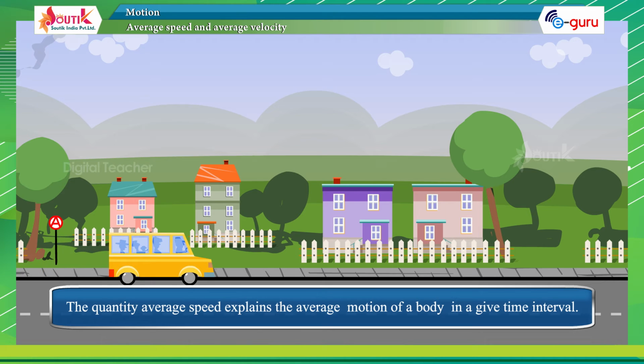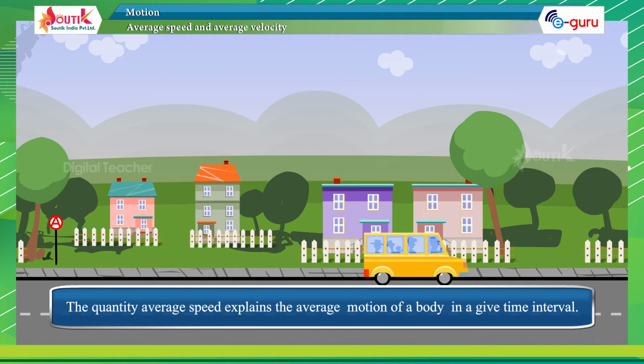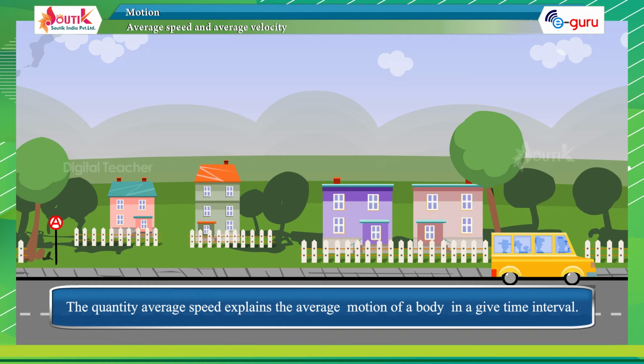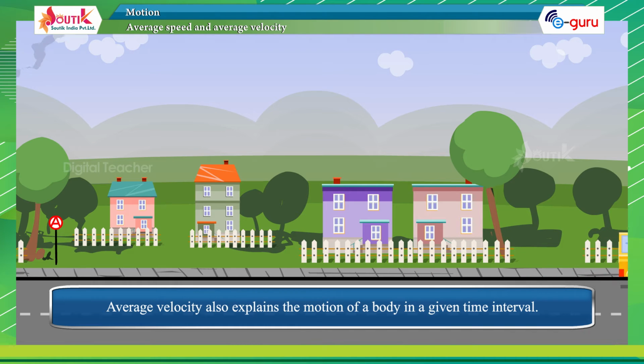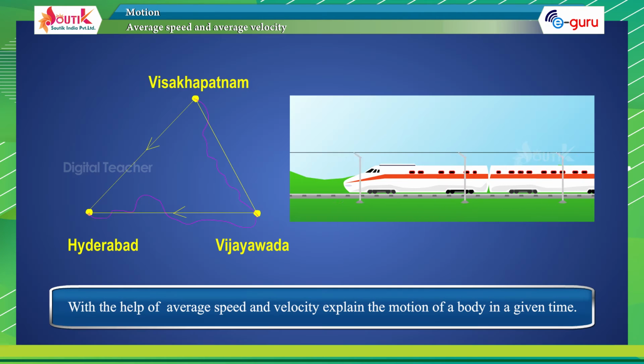The quantity average speed explains the average motion of a body in a given time interval. Average velocity also explains the motion of a body in a given time interval. With the help of average speed and velocity, we can explain the motion of a body in a given time.